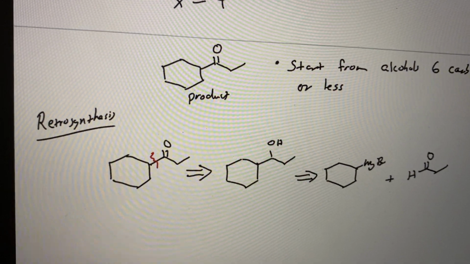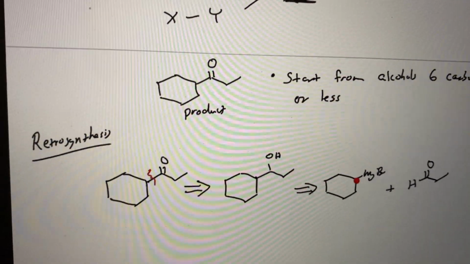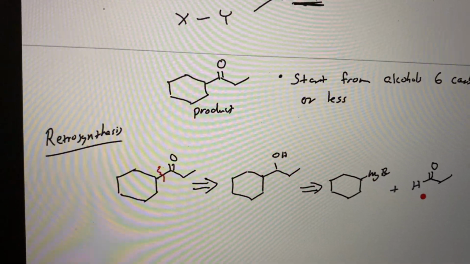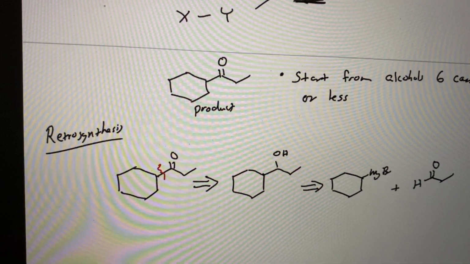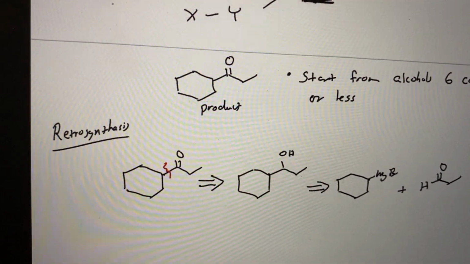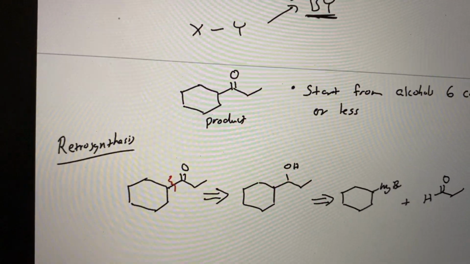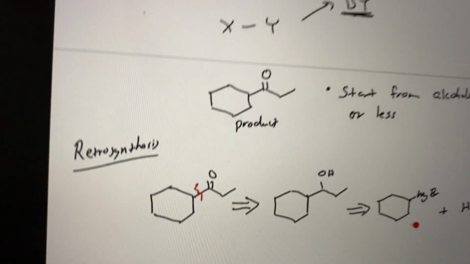So we could actually, in the forward direction here, take this Grignard reagent, have it attack here. That's going to give us this product. It's here, which then we would oxidize to give us our final product. So that's actually the key carbon-carbon bond formation step here.